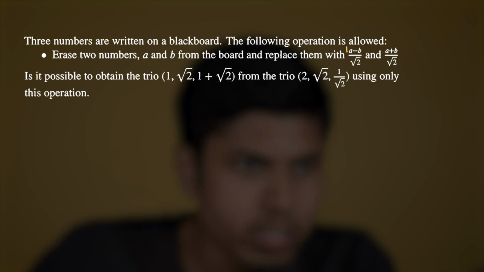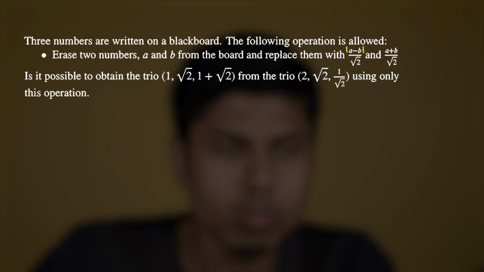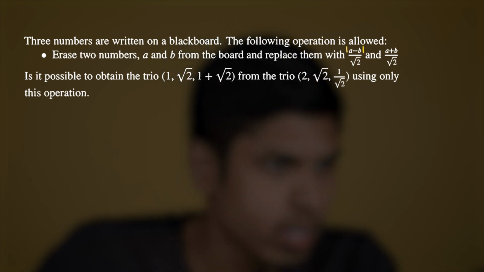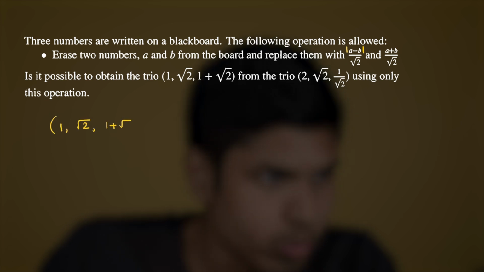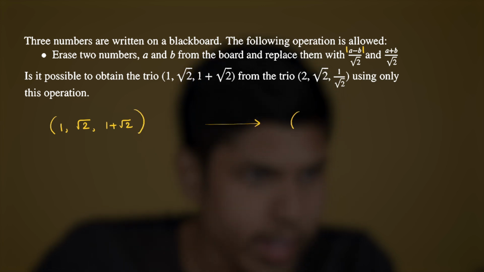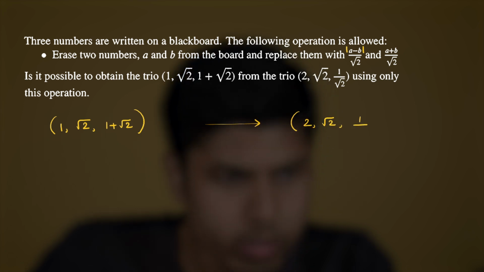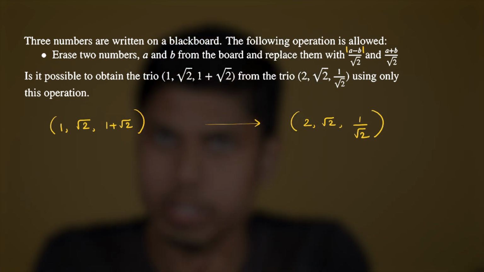So here, consider it as the absolute value of a minus b. We start with the sequence 1, root 2, 1 plus root 2, and we wish to reach the triplet 2, root 2, 1 upon root 2 through the process mentioned before.